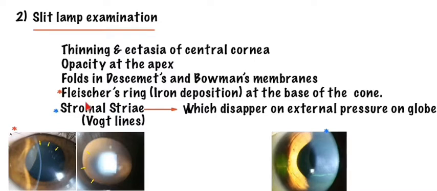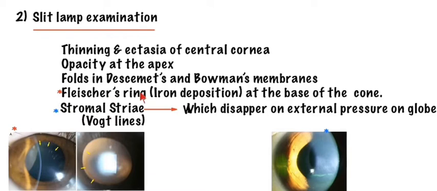Then there is Fleischer's ring, not to be confused with the Kaiser-Fleischer ring, which is seen in Wilson's disease. This is not that. This is just Fleischer's ring, which is entirely different. Fleischer's ring in keratoconus is due to iron deposition, and that is seen at the base of the cone.